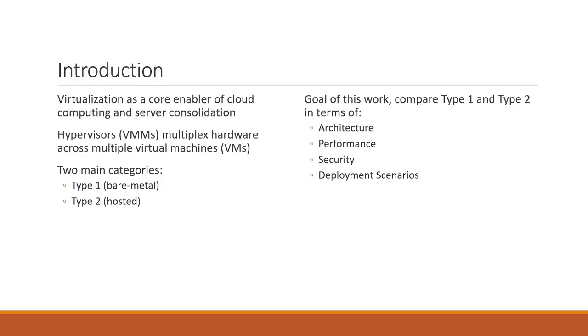This makes it possible to consolidate servers, run isolated environments, and improve resource usage. There are two main types: Type 1, also known as bare metal hypervisors, and Type 2, known as hosted hypervisors. Type 1 hypervisors run directly on hardware, while Type 2 runs on top of an existing operating system.